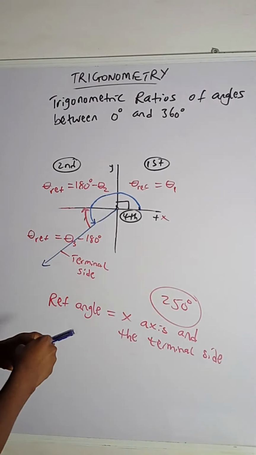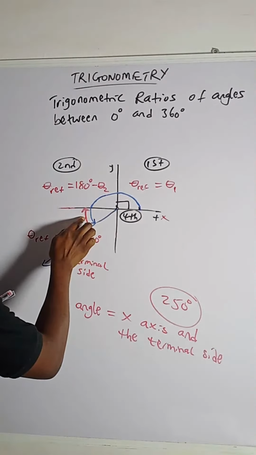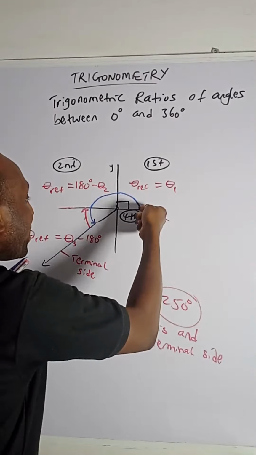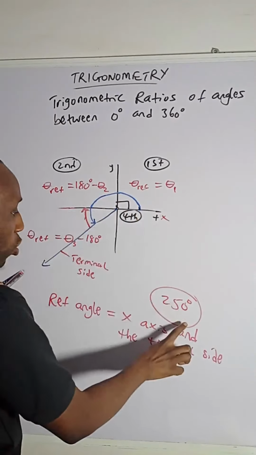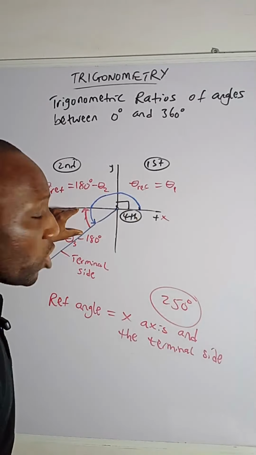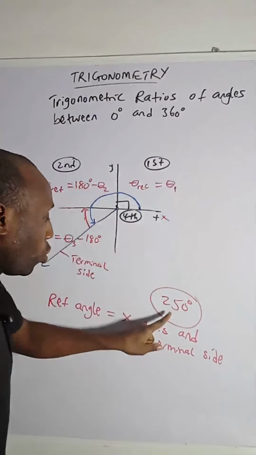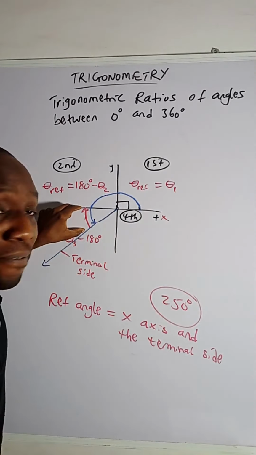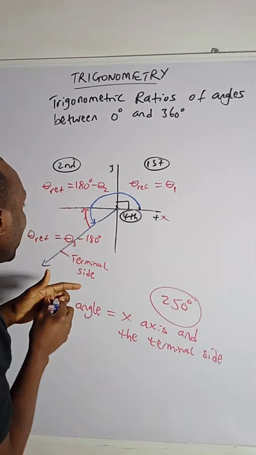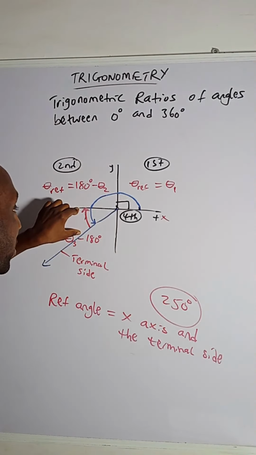If that's the reference angle and I need to get it, what do I do? If from here to here is 250 degrees, how do we get this one here? You will simply take away 180 degrees from 250 to get the reference angle. Let me say it again. This is what we need to get. How do we get that angle?